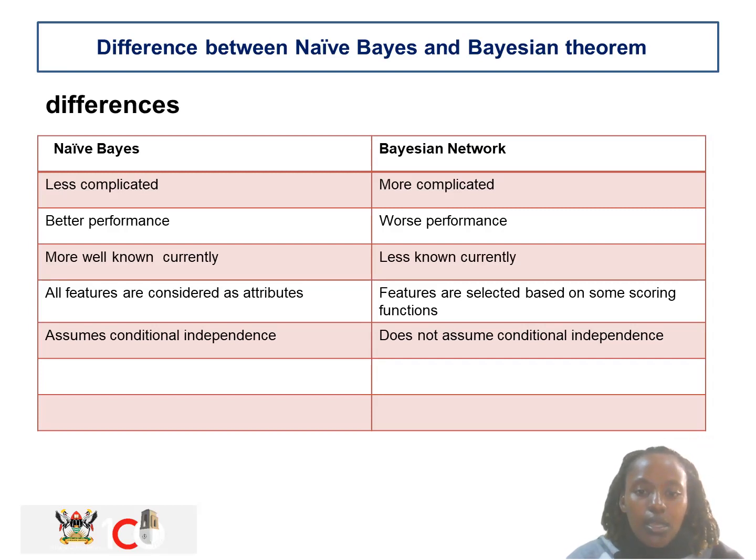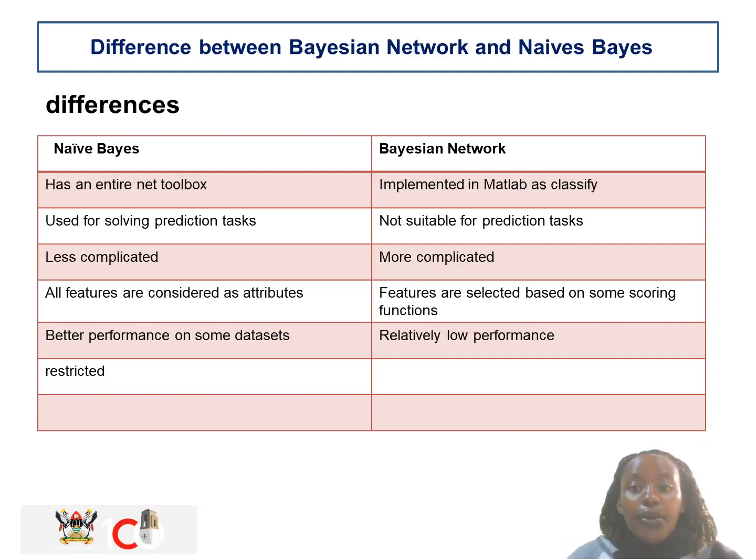Here, when we're talking about the difference between a Bayes network and Naive Bayes, we are talking about how it is used in terms of the network. A Bayes network has an entire network, while Naive Bayes is implemented more simply.